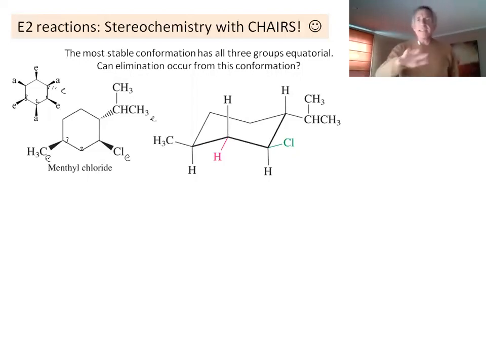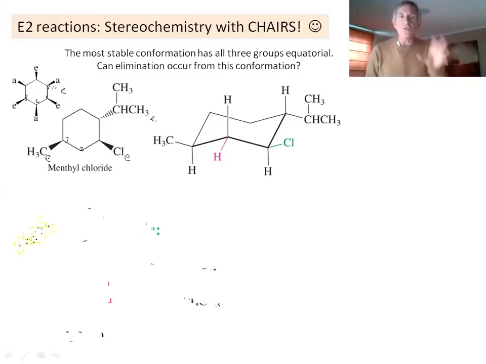Now the reason I did that is because that's just a nice review of the lowest energy conformation. That's good to know. But is this going to be the structure that we use for our eliminations? No. I need that chloride to go to its anti-conformation and its axial position.